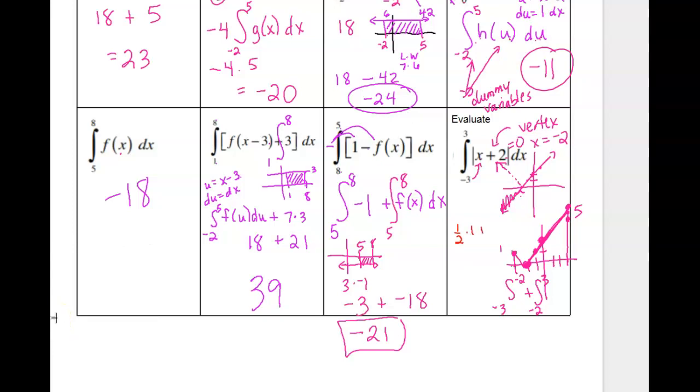The height was also 1. So we get 0.5 plus 1/2. This base is 1, 2, 3, 4, 5 times its height was also 5. So 25, half of that is 12.5. So we get 13. And for absolute value, using the graph is going to be your go-to strategy.